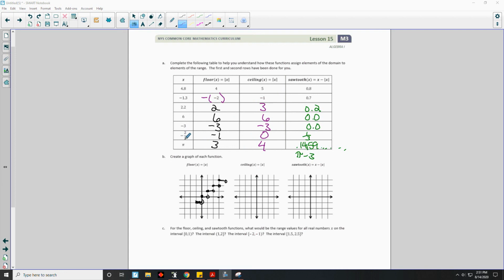Negative 2/3 would be left 2/3, and then it says up 0. So I know my line is going to be here. Okay, but if I have an integer like 6, it's just going to be 6, 6. So it's going to be 1, 1. That's going to be a point. And 0, 0 is going to be a point, but the other end is going to be open.